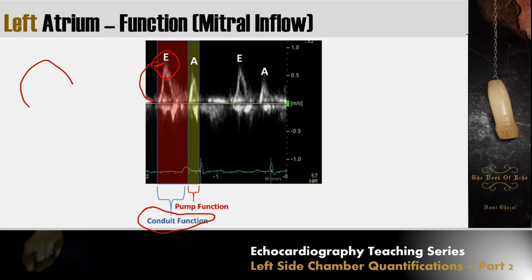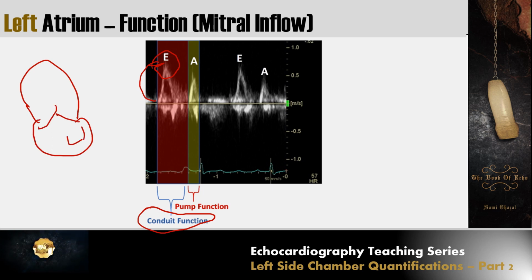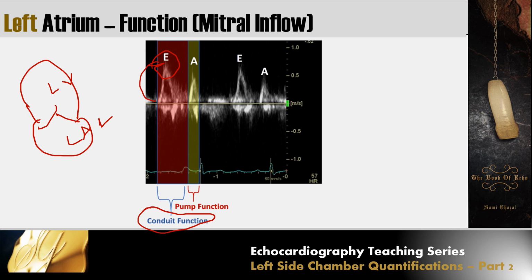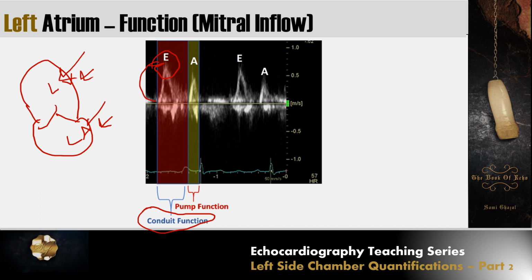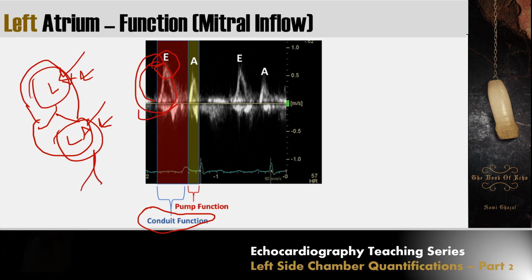It is mainly dependent on the difference in pressure between the left atrium and LV during early diastole. So if the pressure here is high, or here is low, or high in the LV, or low, it depends on the pressure gradient between the two chambers, then you will have the velocity of the E wave determined.